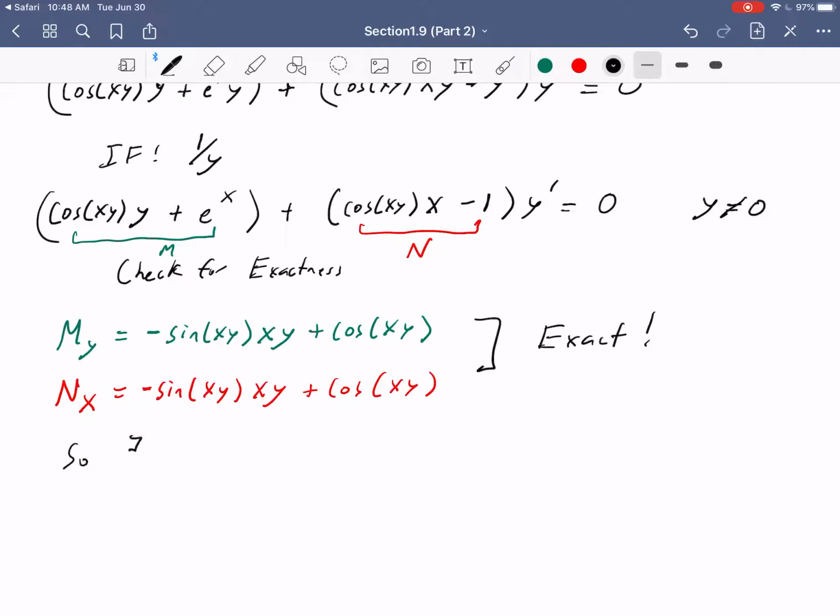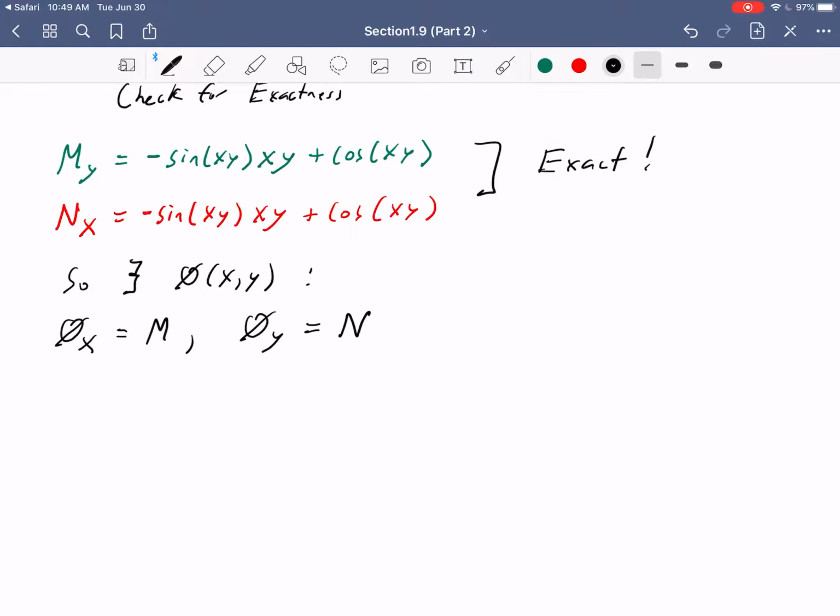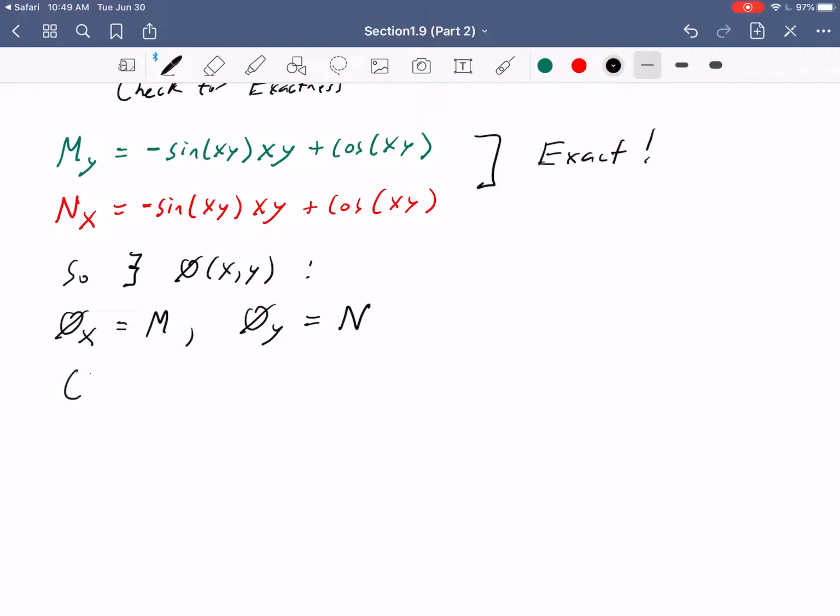So there exists this phi of x, y such that the partial with respect to x of phi is equal to M, partial with respect to y of phi is equal to N. So we did y in the last one. This one, let's just choose phi sub x equals M to start.